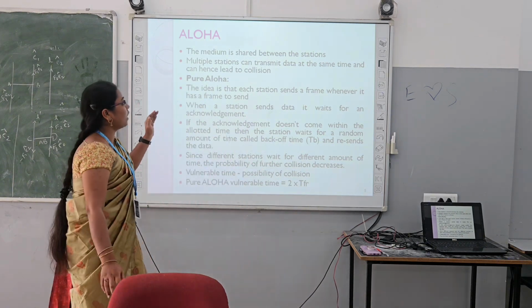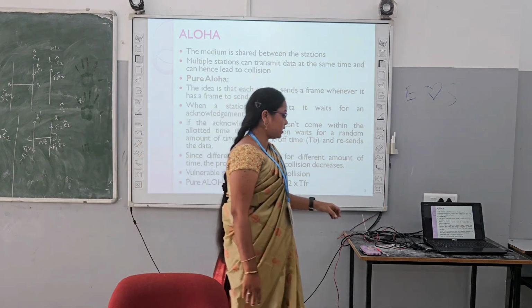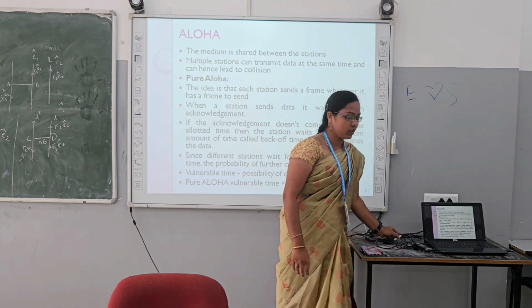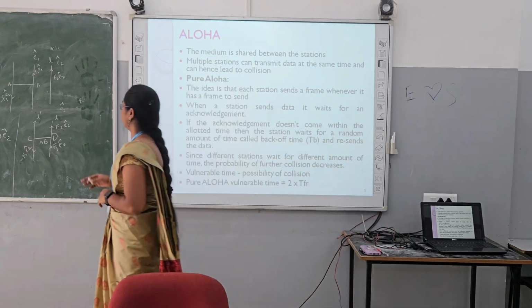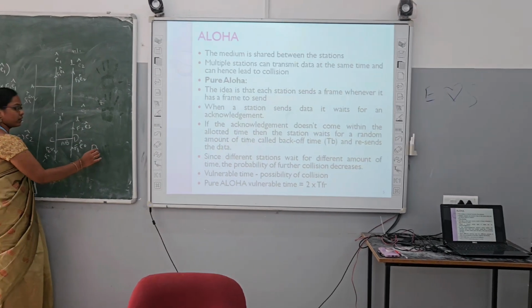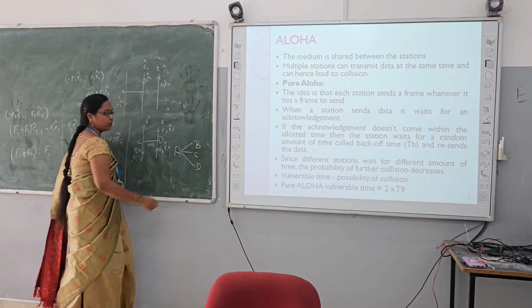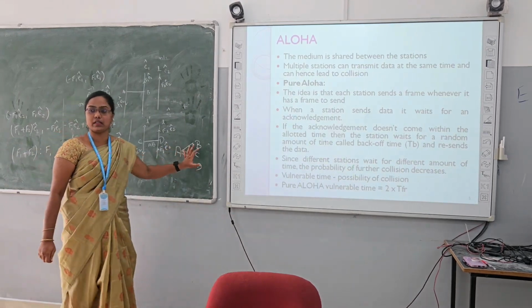In Aloha, there will be multiple stations. Station A is there. It can pass data to any devices, right? B, C, D, whatever devices there are, it is multiple access.